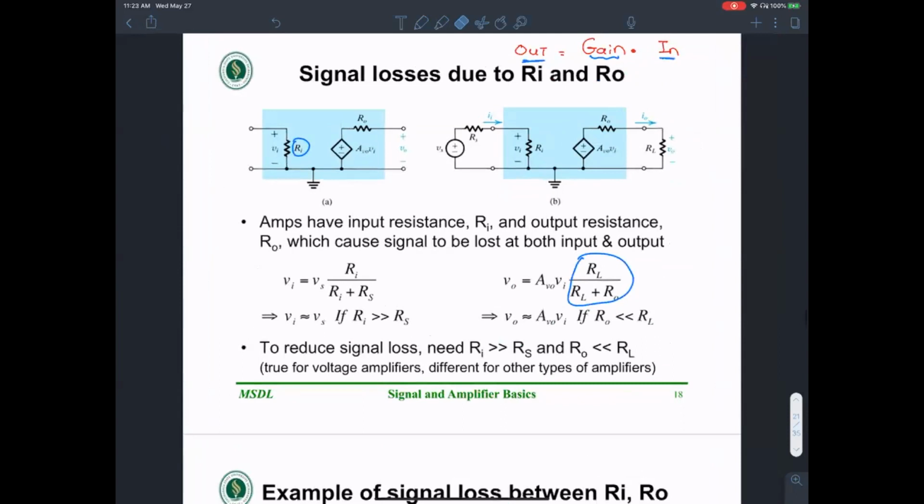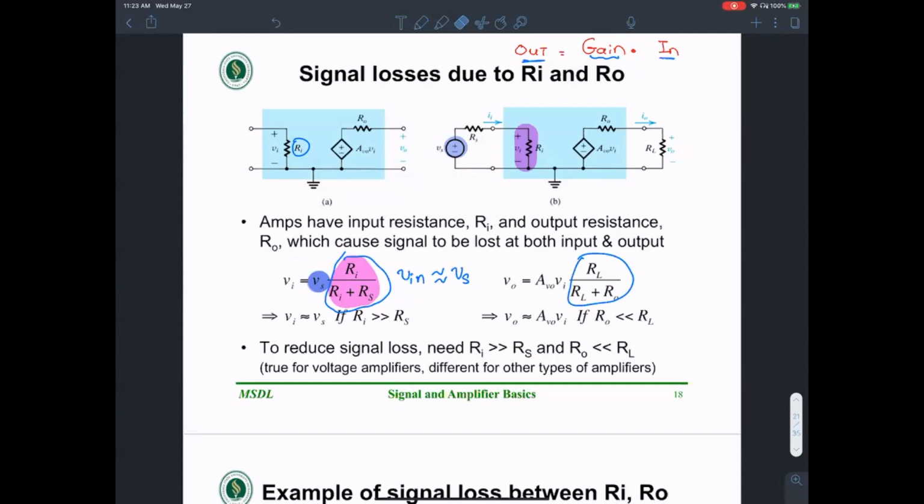Let's take a look at this equation. What this equation tells me is, if I apply a Vs, the input voltage is only going to be a fraction of the value that's applied there. So if I want all of Vs to appear on Vin, in other words, if I want the input voltage to be as close to Vsource as possible, then I want to make sure that this is as close to 1 as possible.